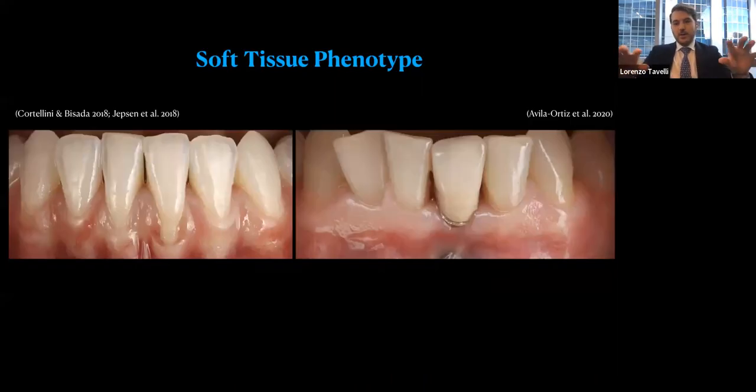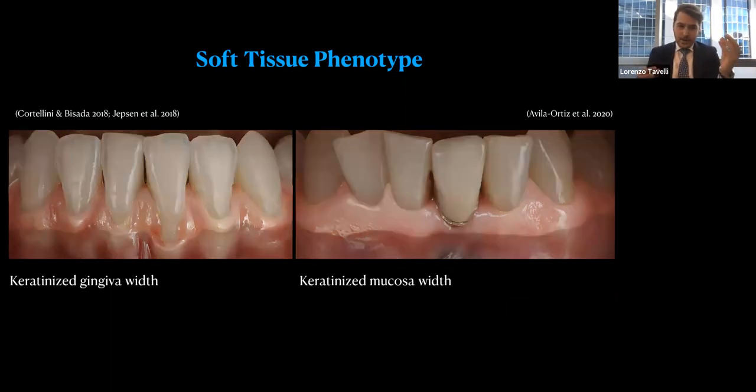I'm using these two pictures to compare and highlight the similarities and differences between teeth and dental implants. The concept of soft tissue phenotype in natural dentition was described in the 2017 World Workshop, and we can find as a reference the paper of Cortellini and Bisada, or the paper from Jepsen and co-workers that summarized this consensus work.